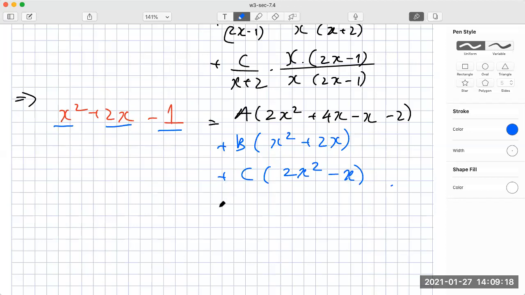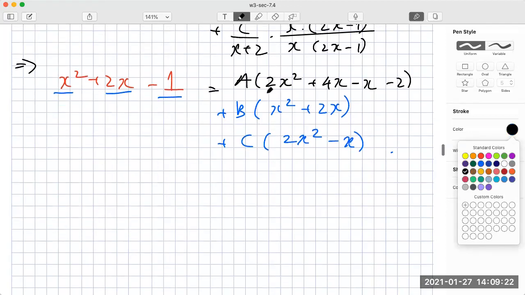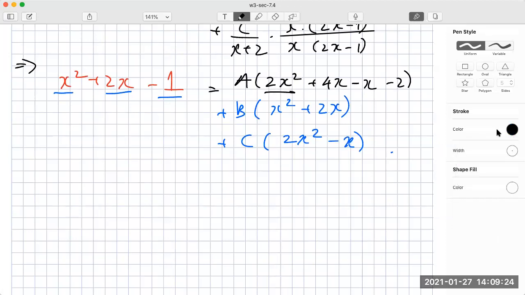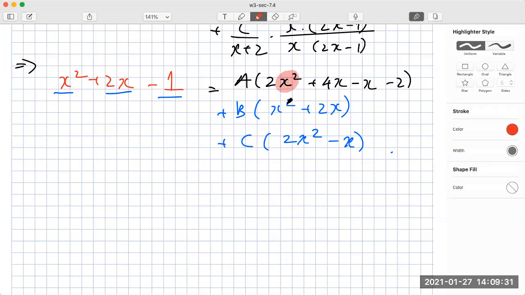On the right-hand side, let us factor the terms of something related to x squared, right? And add them up. What do we have? Suppose something times x squared. What is the coefficient here?